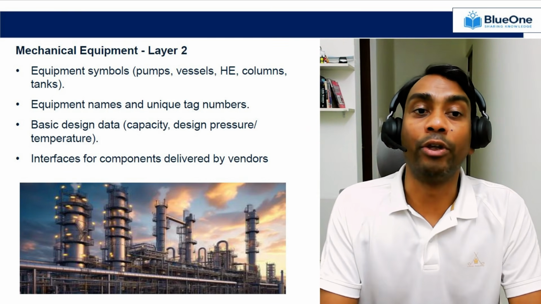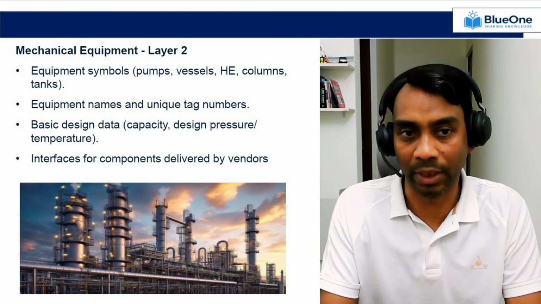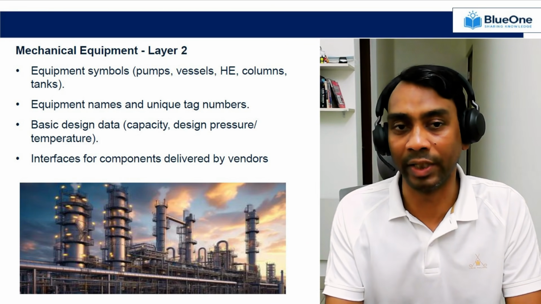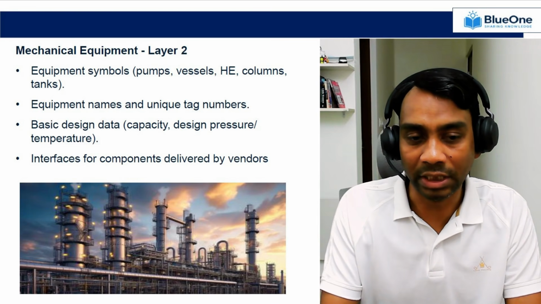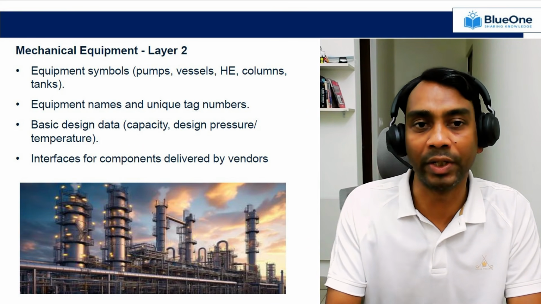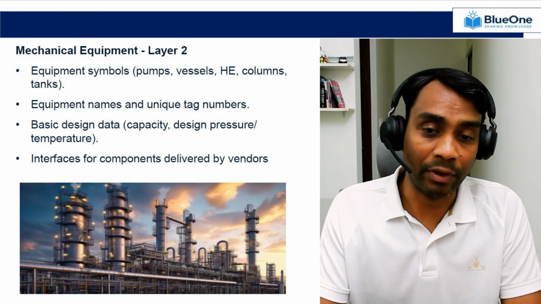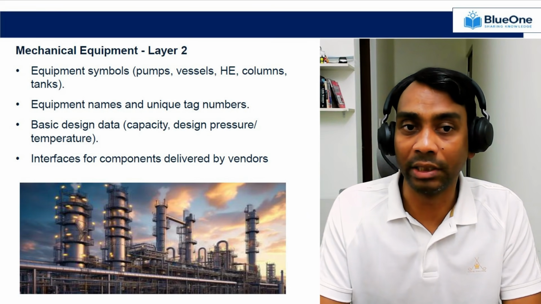Then you'll have equipment names and unique tag numbers. Every equipment in the P&ID has a unique name and tag number, because that will help you to address the equipment as well as to maintain the asset register in your plant. Every P&ID will also indicate basic design data.